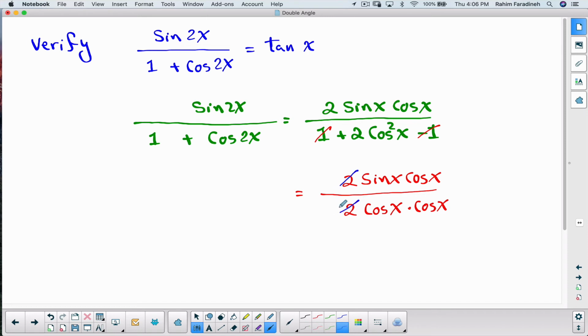So we can reduce the 2's and we can reduce the cosines. So now we have sine x over cosine x, which of course we know this is equal to tangent of x. So we verified that identity.